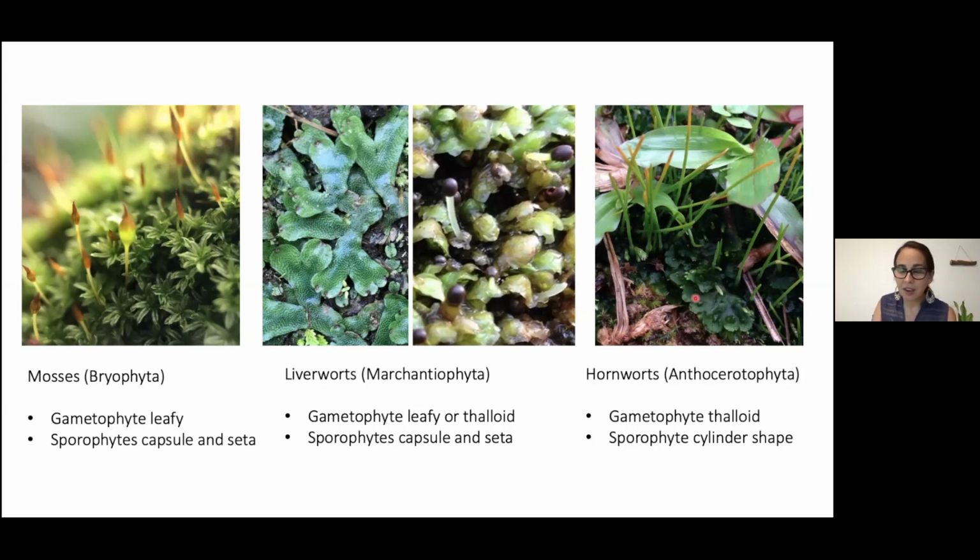You're gonna have a dark green thalloid or thallus that is kind of like a ribbon or maybe circular. And then the sporophyte is a cylinder that looks like that. So it doesn't make a capsule on the end, it's just spores all the way up. So this one is maximizing the way it's making spores.